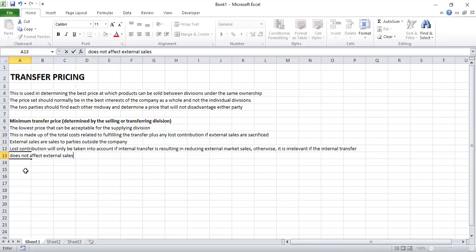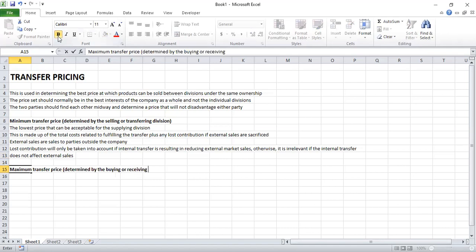Right. Then we also have what we call the maximum. We're going to do that using examples, then it will be clearer. Maximum transfer price. This is determined by the buying or receiving division.